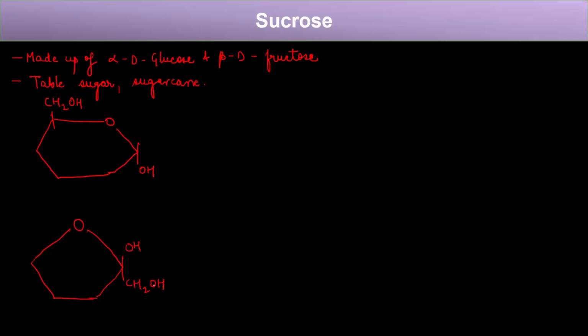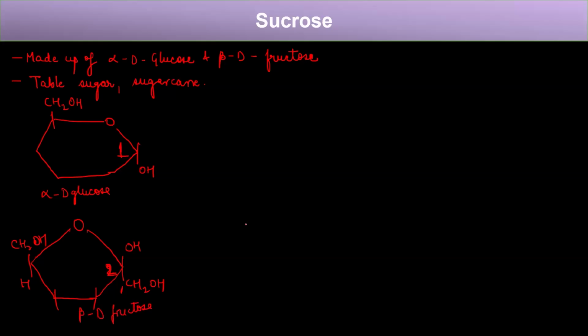And this will be your CH2OH, and this will be your CH2OH and H. Okay, so this is the first position. This is the second position. So this is alpha D glucose, and this is beta D fructose.